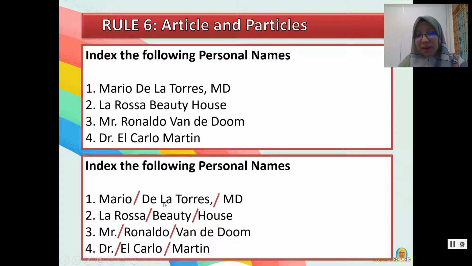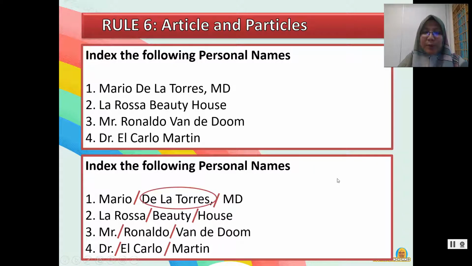Della is the article particle, so you need to close up with the word after it. La is an article particle, and you need to close up with Rosa. Vande is the article particle, and you need to close up with Dom to make it one filing unit. And then El Carlo.